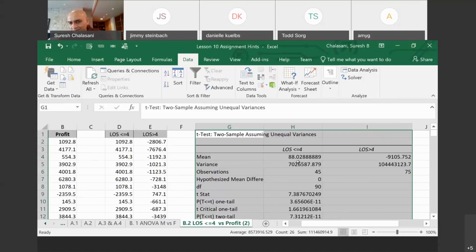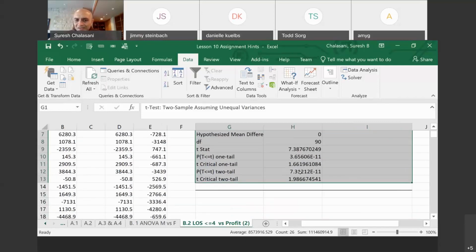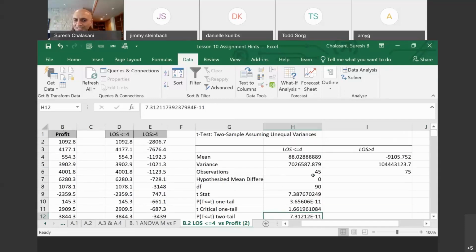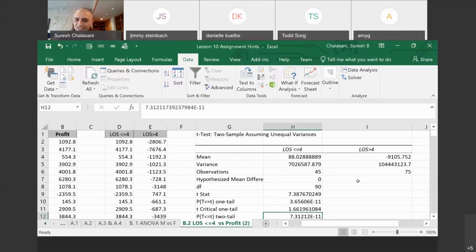So you could use equal variances and see how it is. But with a p-value this significantly low, whichever test you run, it's not going to change the interpretation for you. I would suspect that with equal variances also you'll get a significantly low p-value. So there are significant differences between these two.